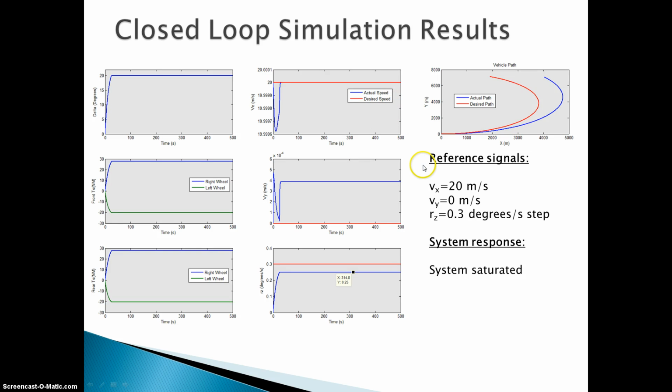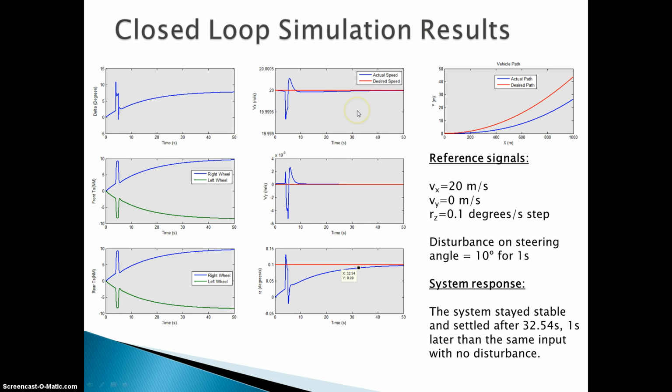One neat effect in our analysis, worth mentioning, is that a 0.3 degrees per second step to our Rz, or yaw rate, causes the system to saturate, because 20 degrees is the maximum angle the steering angle can have. So the system saturates and can never reach 0.3 degrees per second of yaw rate, as you can see here. The maximum could be something around 2.5 degrees per second.